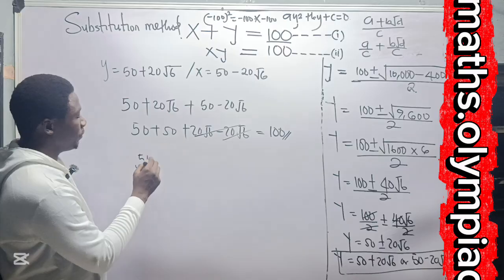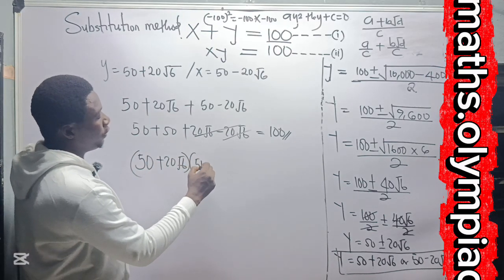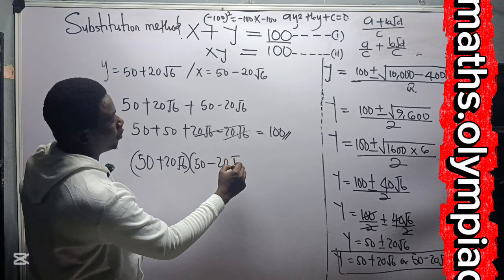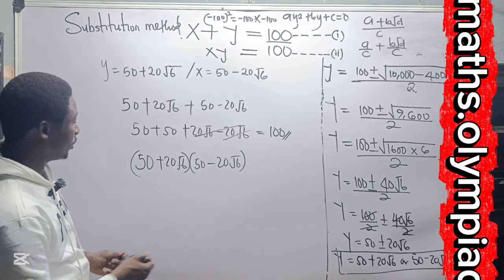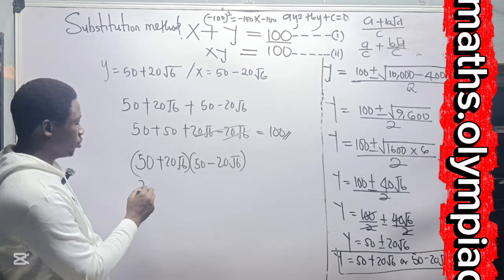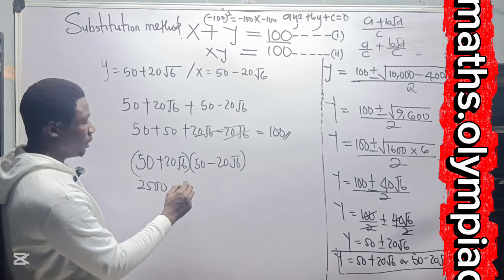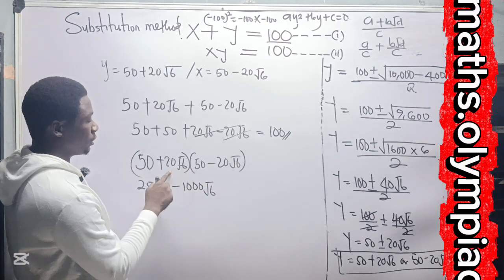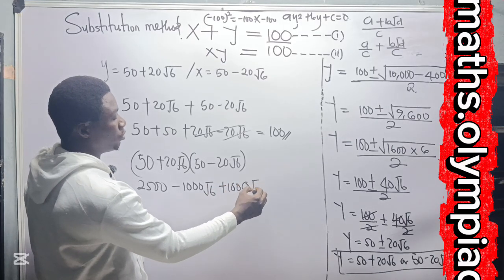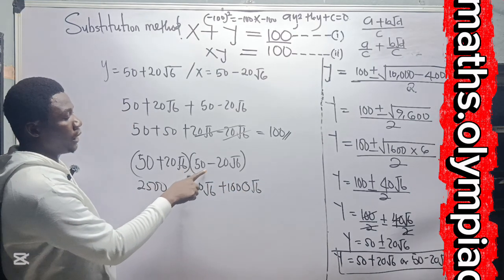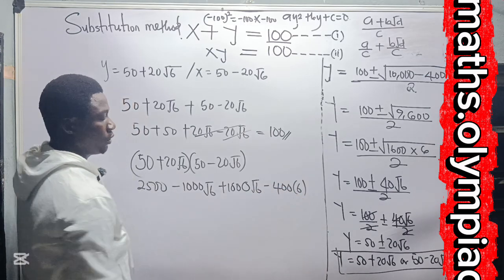So you have 50 plus 20 root 6 times 50 minus 20 root 6. Let's multiply it together to see if we are going to get 100. 50 times 50, 2,500. 50 times minus 20 root 6 is minus 1,000 root 6. 20 root 6 times 50 is plus 1,000 root 6. 20 root 6 times minus 20 root 6 will give us minus 400 bracket what? 6.